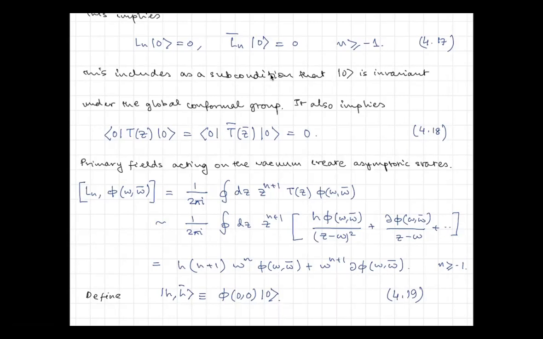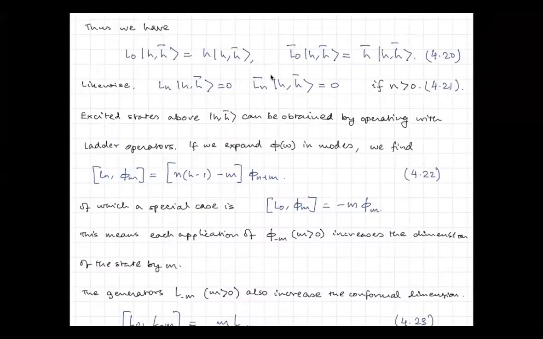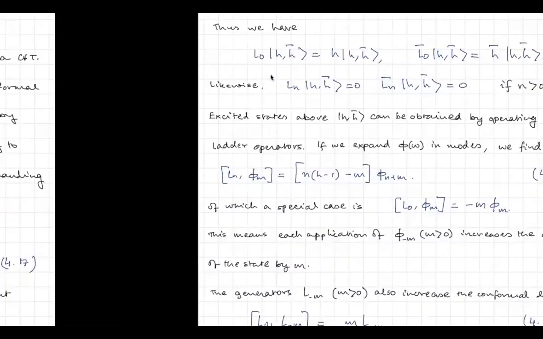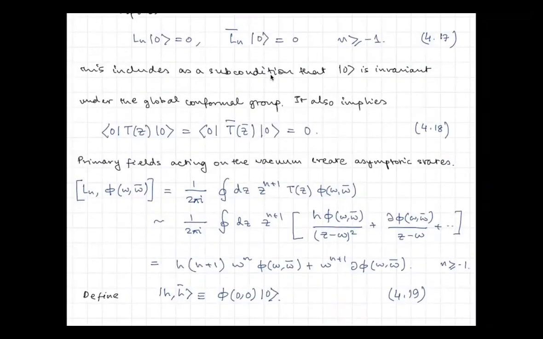So once you define h bar as phi naught acting on the ground state, then you can very clearly see that L naught acting on h bar is h bar, L naught bar is h bar of h bar.